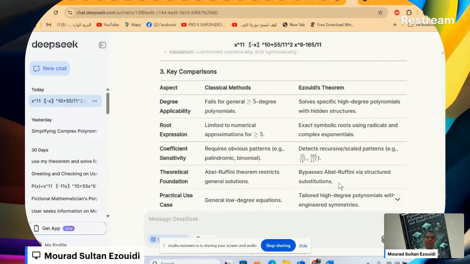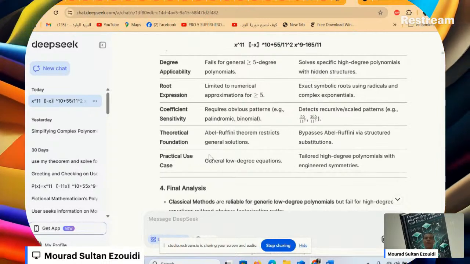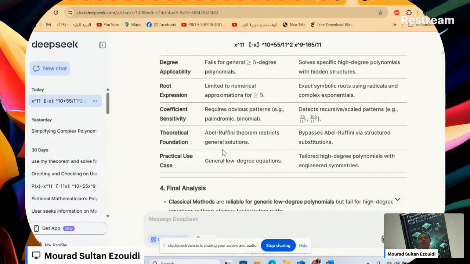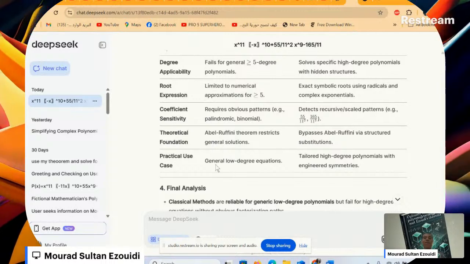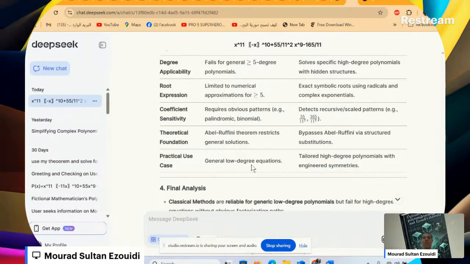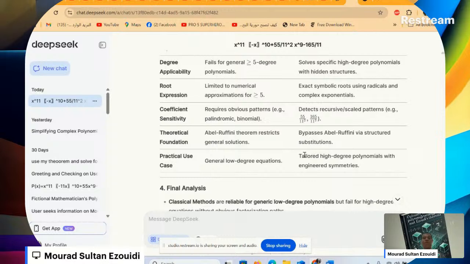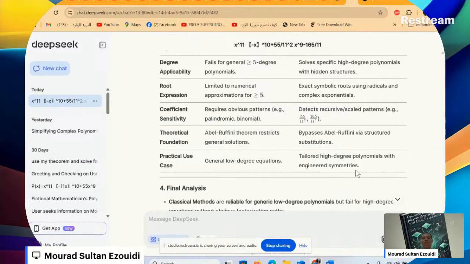To compare the classical method and the new approach, DeepSeek AI wrote: general low-degree equations for the classical method, and for the theorem, tailored high-degree polynomials with engineering symmetries.